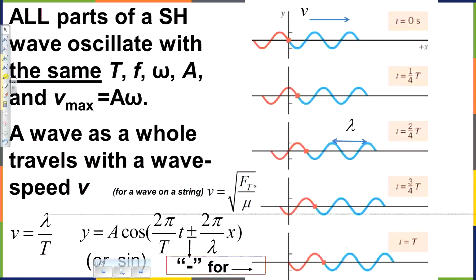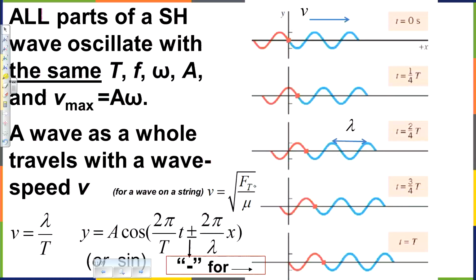And here we see the profile of a wave traveling to the right at different instants. At t equals 0. In a quarter of a period, it travels a quarter of a wavelength. In a half of a period, it travels to the right a half of a wavelength. In exactly one period, it travels to the right exactly one wavelength.